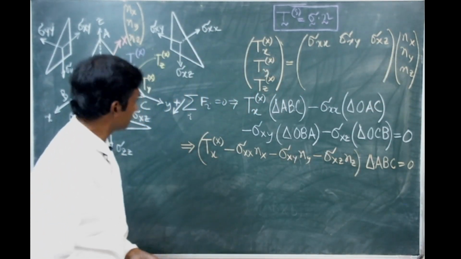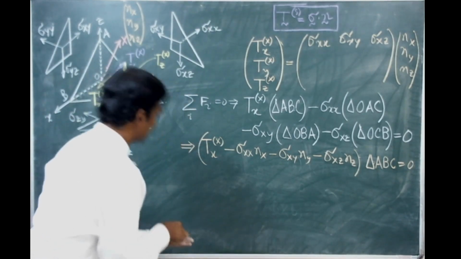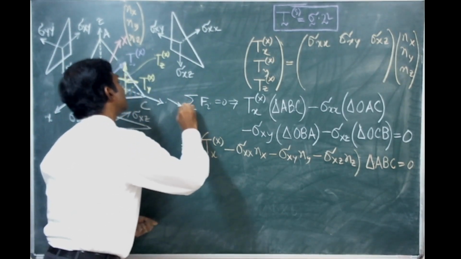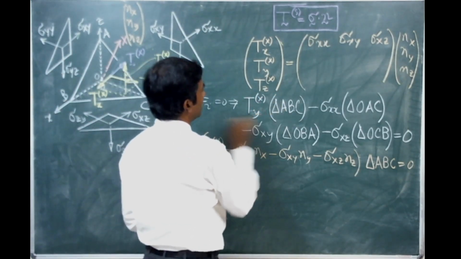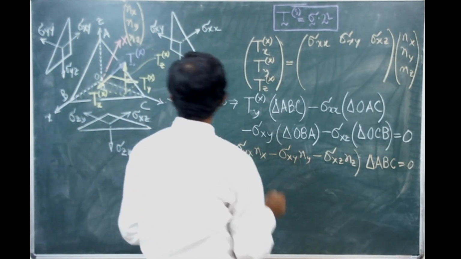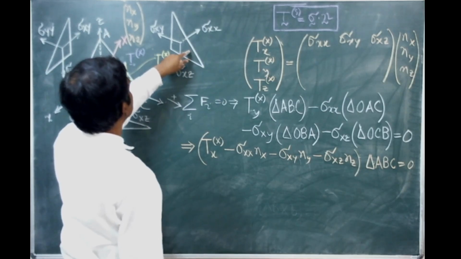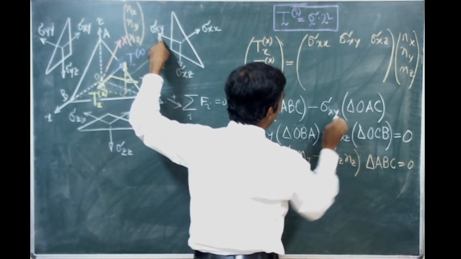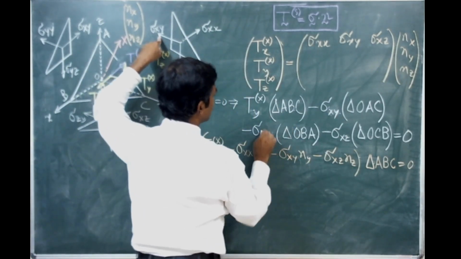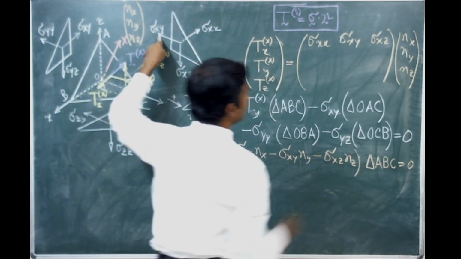Now if we consider the equilibrium equation along the y axis, that means this direction positive, what do we get? We get y, and then for the negative x plane we get xy, and then it becomes y, and then yz.